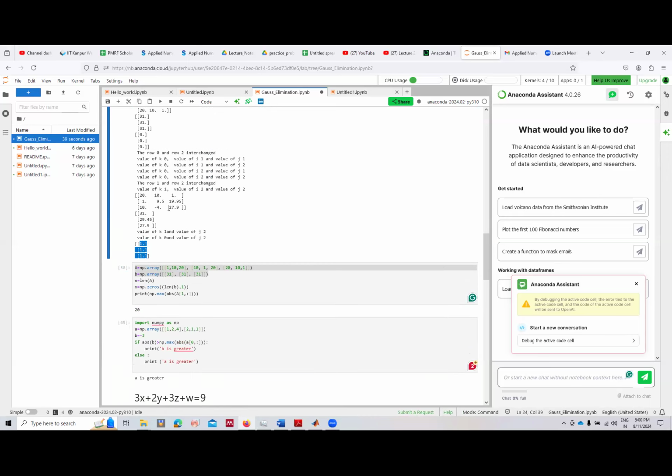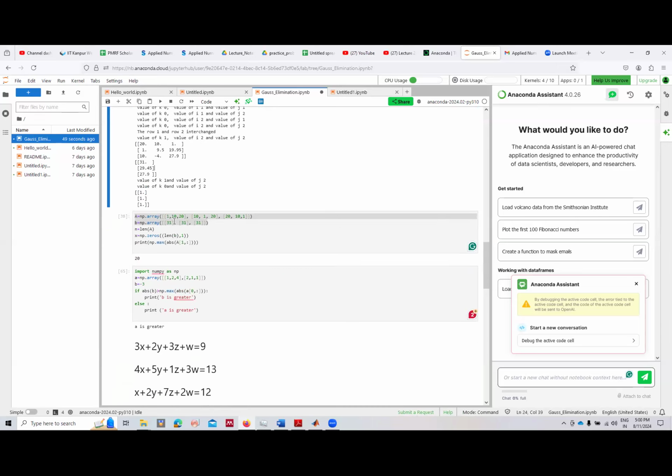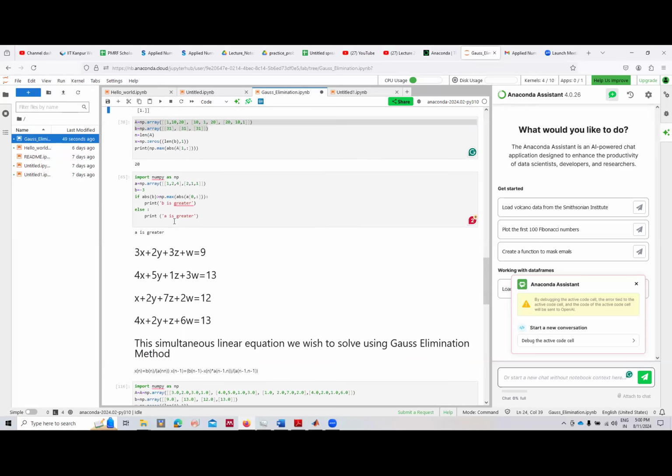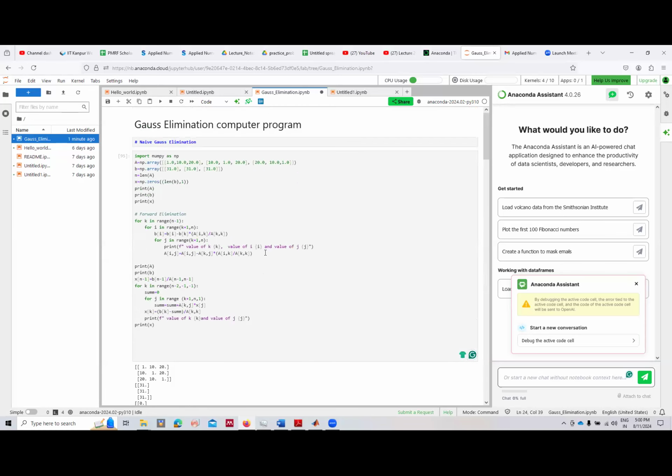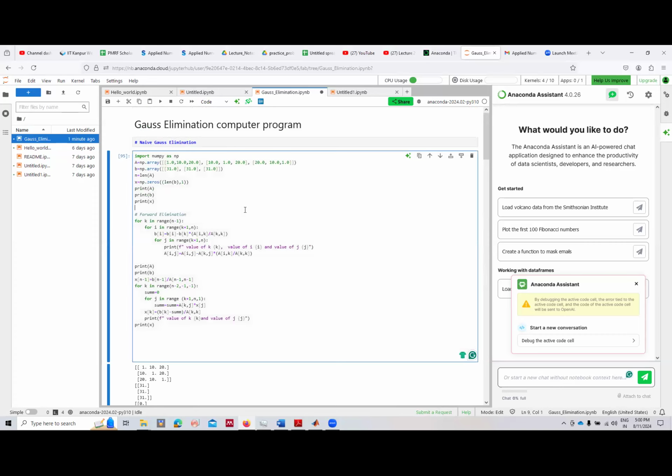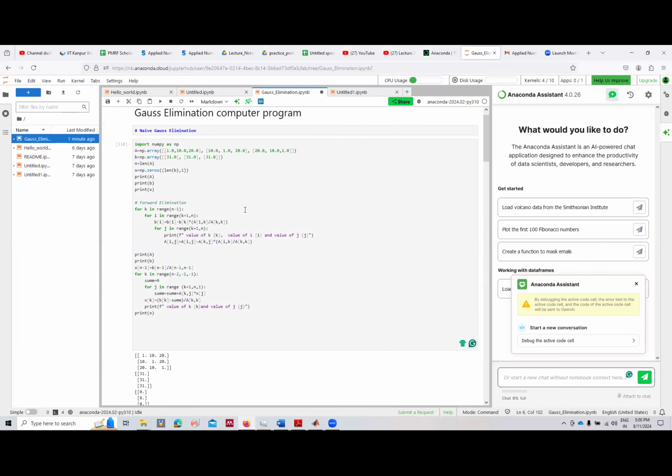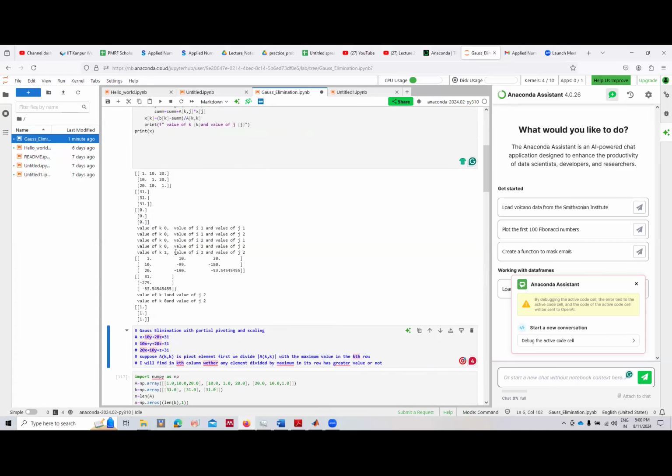But here, we are not getting the same coefficient matrix and the same B matrix after Gauss elimination. Earlier, suppose I run this, this is the naive Gauss elimination. I press shift enter. Here we are getting our coefficient matrix after naive Gauss elimination, and this is our B matrix after naive Gauss elimination.